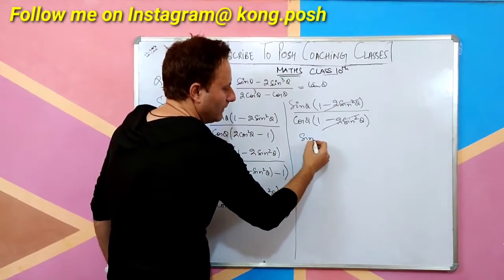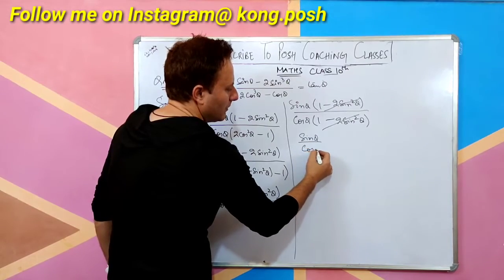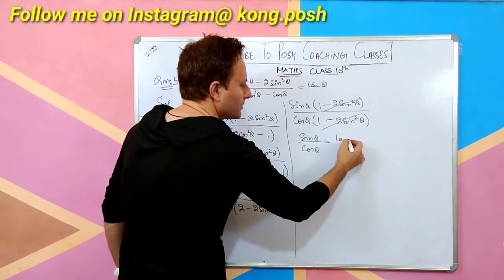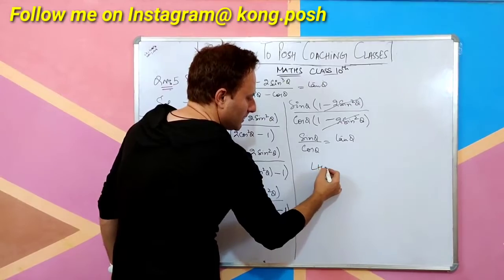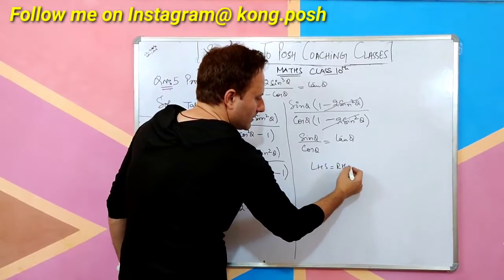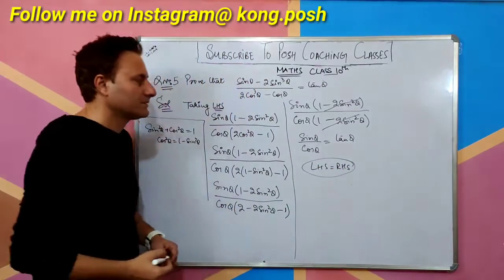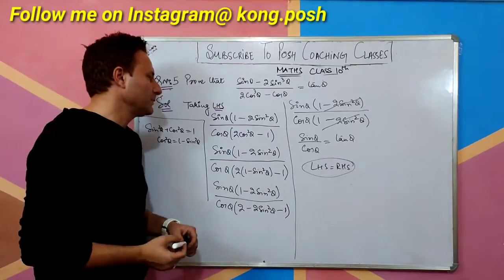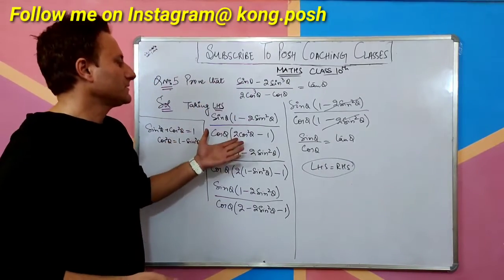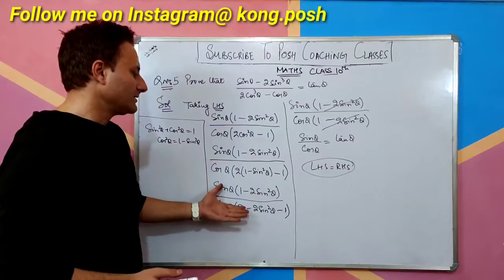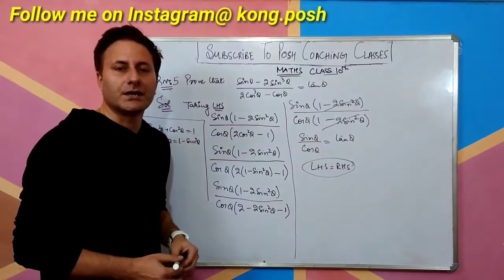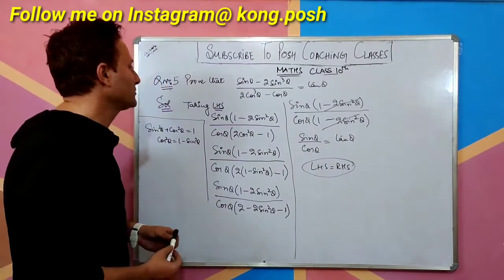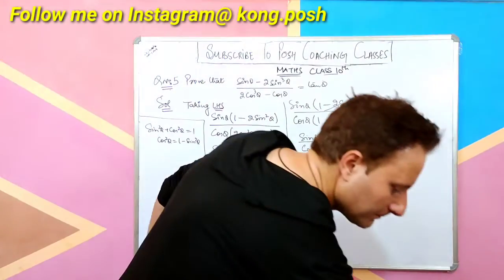So what do we have? Sine theta upon cos theta, which is tan theta. Therefore LHS is equal to RHS. Simple, very simple. We took the left hand side, we used the identity, and the question is done, right? Very simple. Let's move to another one quickly.